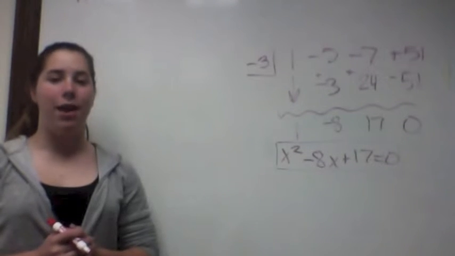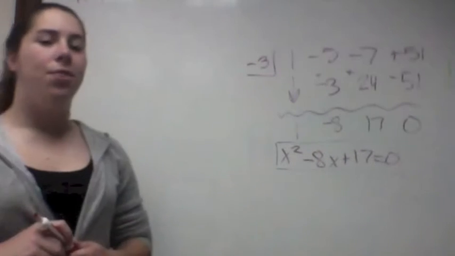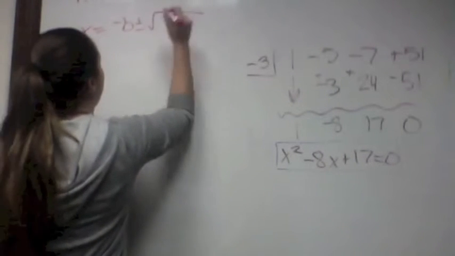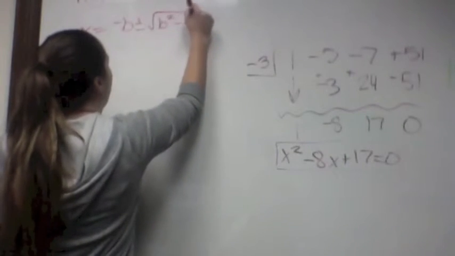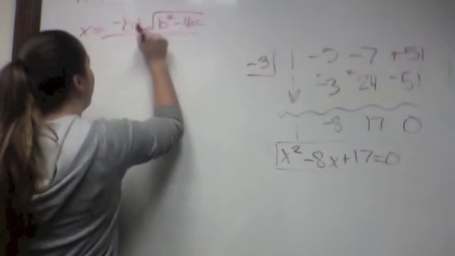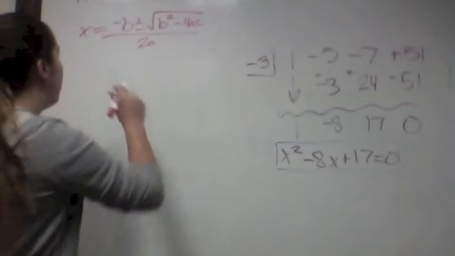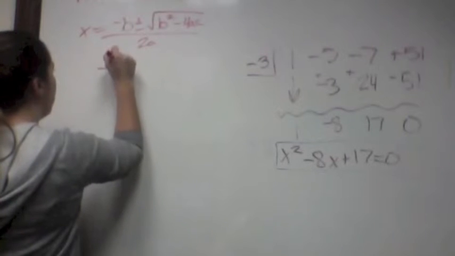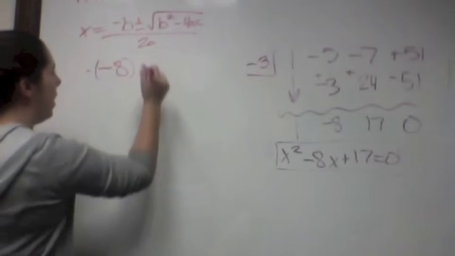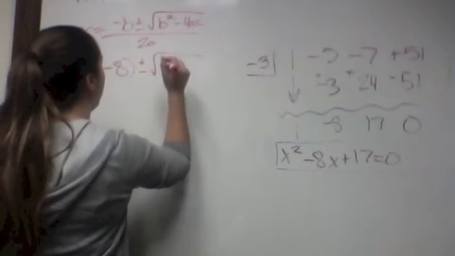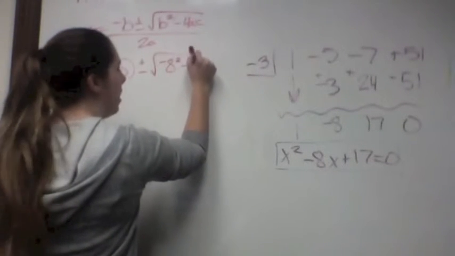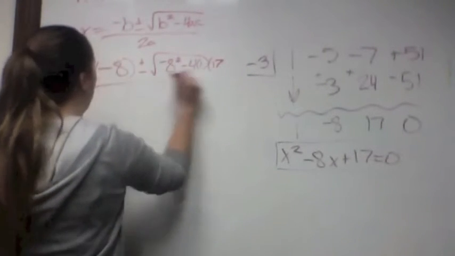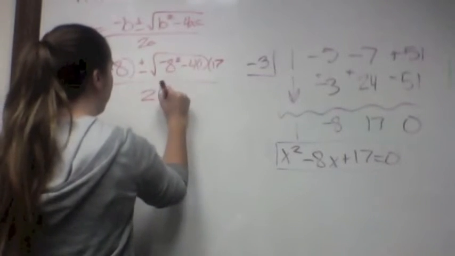We're going to use the quadratic formula to find the remaining roots. The quadratic formula is x equals negative b plus or minus the square root of b squared minus 4ac all over 2a. So we're going to substitute everything in. For b, we're going to have negative 8, so negative negative 8, plus or minus the square root of negative 8 squared minus 4 times 1 times 17, all over 2 times 1.